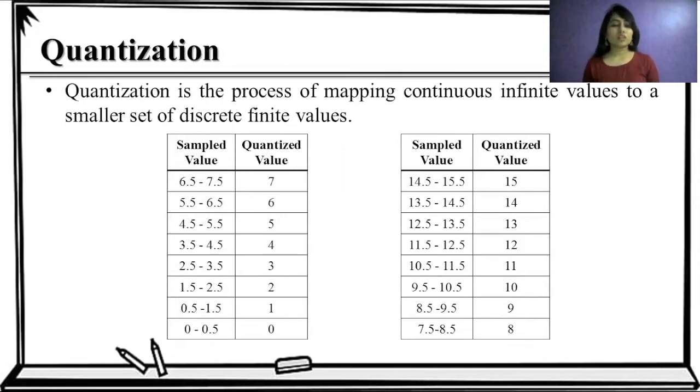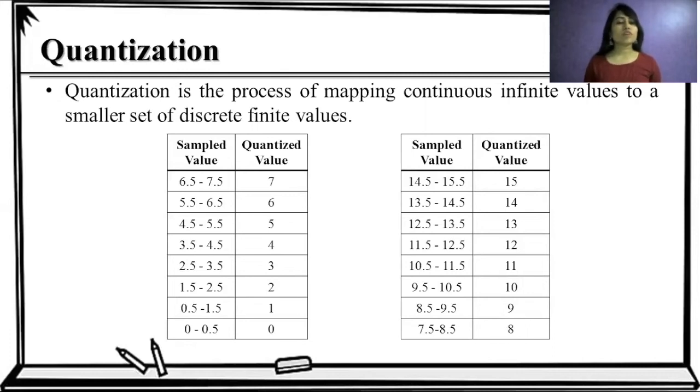So we can convert this nearby value to its approximate integer value. This integer value can then be converted into its binary equivalent in an encoding format.